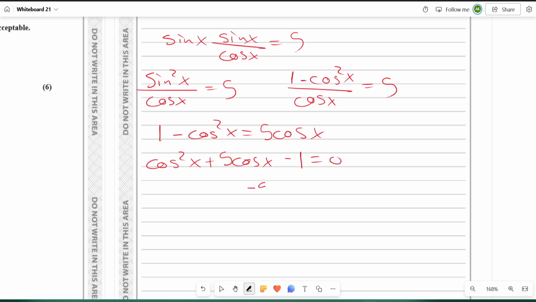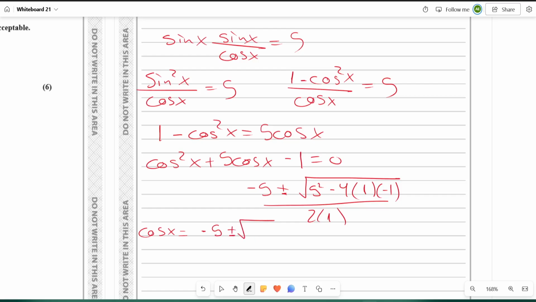So minus 5 plus or minus square root of 5 squared minus 4 times 1 times minus 1, over 2 times 1. It's going to give me two answers. So the first answer is going to be cosine x equals minus 5 plus or minus square root of 29 over 2.